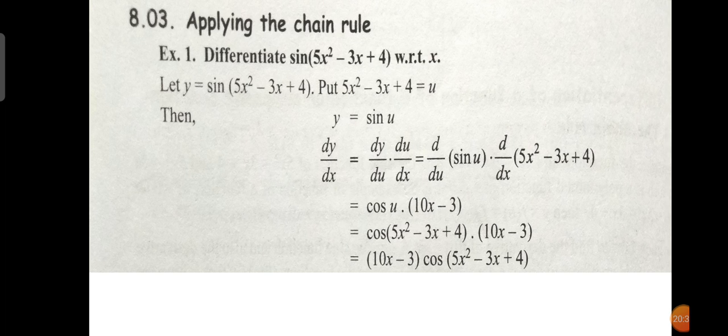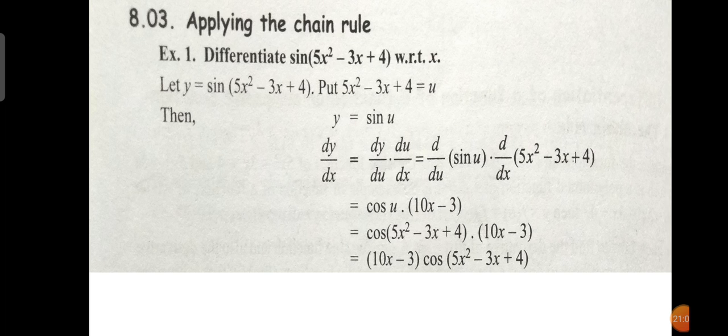You have to put that bracket function as u. Then y is equal to sine u, y is equal to f of u, that is sine of u. Then what is dy by dx? Yes, derivative of y with respect to u and into derivative of u with respect to x.